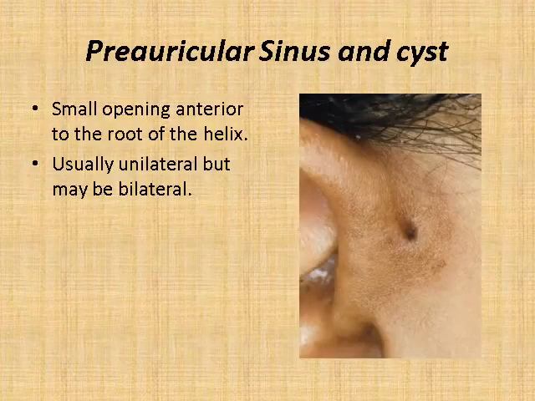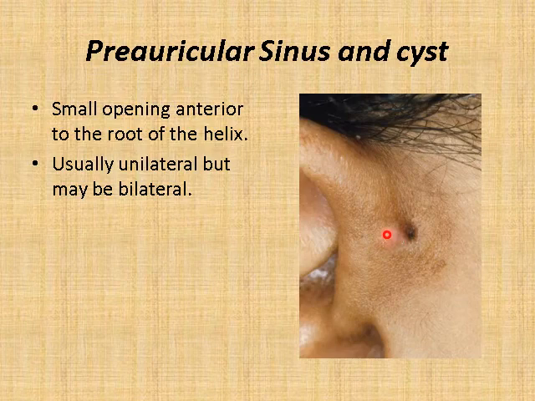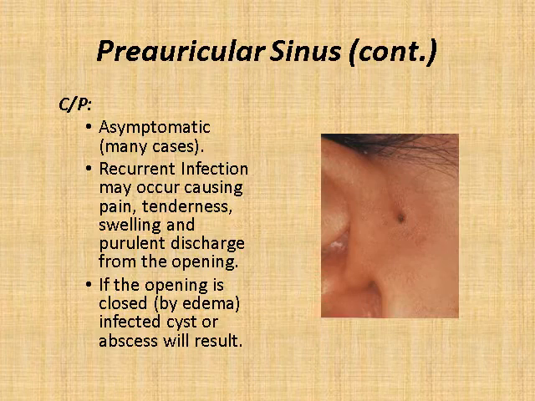What about the preauricular sinus? It's a small opening anterior to the root of the helix. It's usually unilateral but might present bilaterally. The clinical picture of the preauricular sinus, in most cases it's asymptomatic and it can stay asymptomatic.